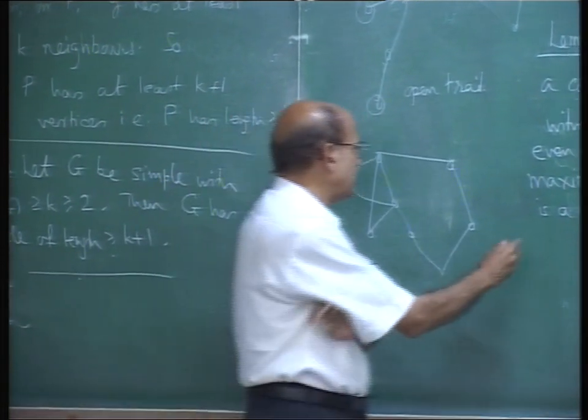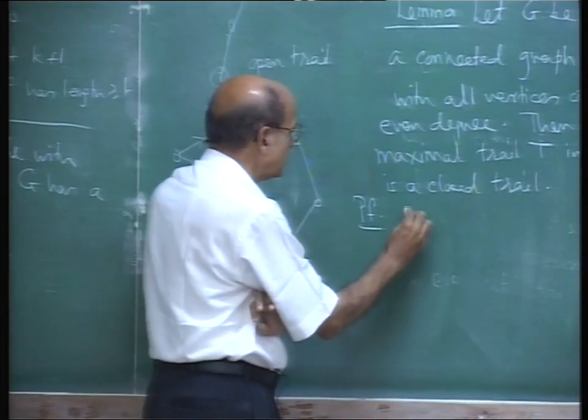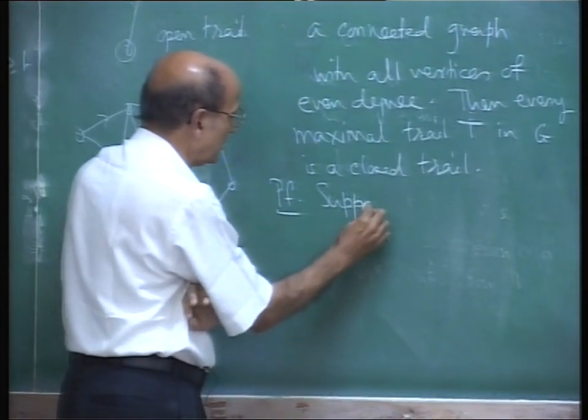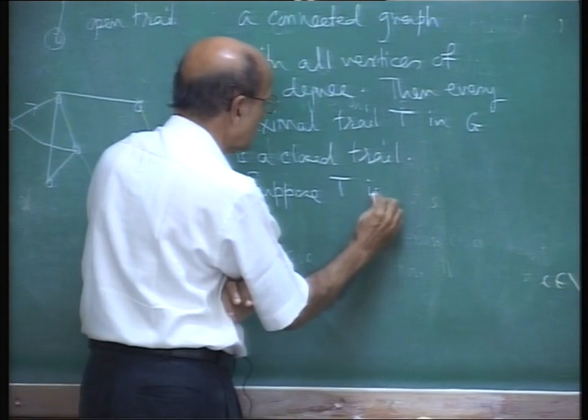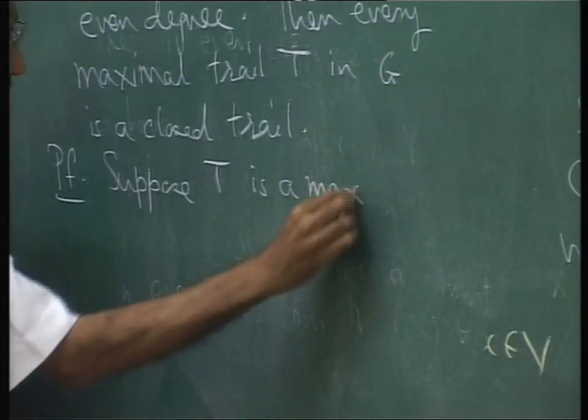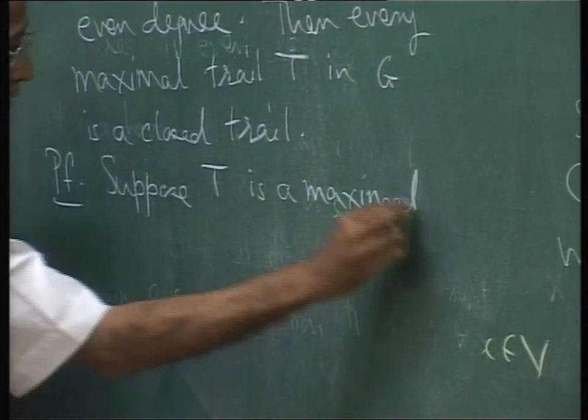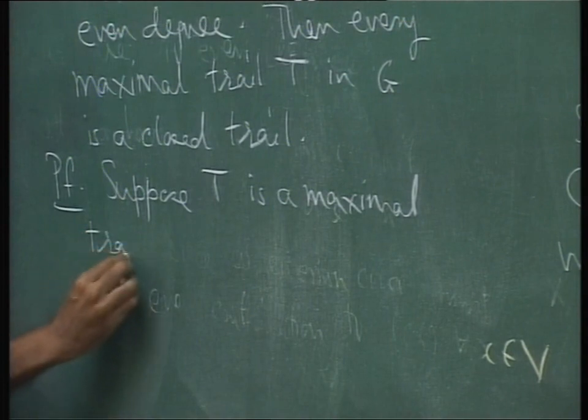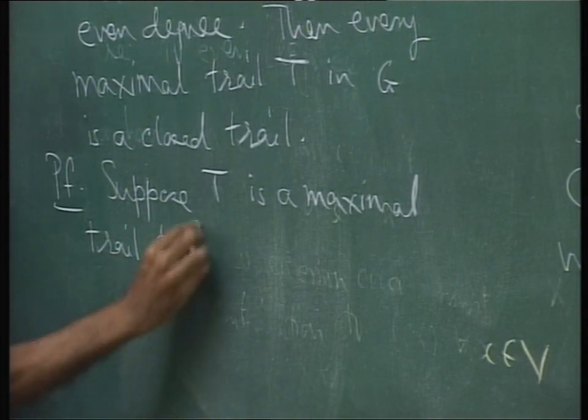Proof. Suppose T is a maximum trail that begins at x and ends at y.